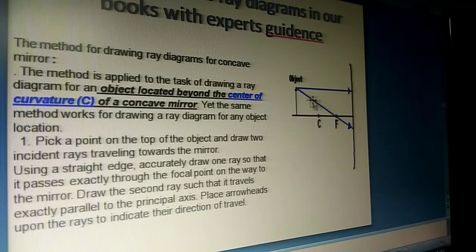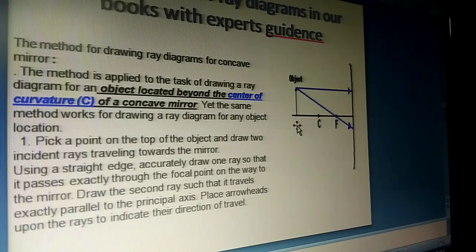Now coming to the rules: whenever a ray comes from an object parallel to the principal axis, it always passes through the focal point, and if a ray passes through the principal focus, after reflection it comes back parallel to the principal axis.